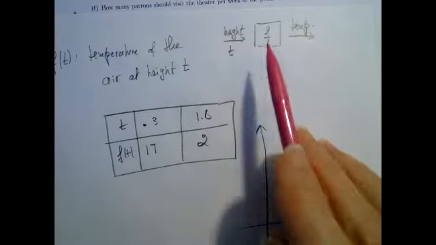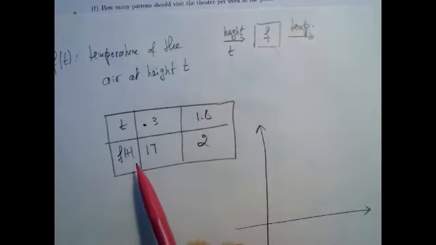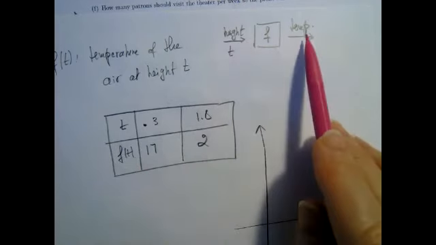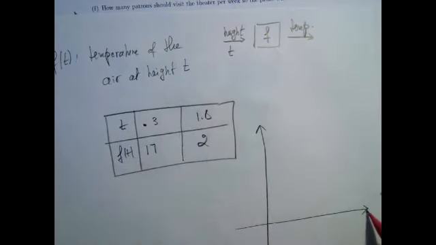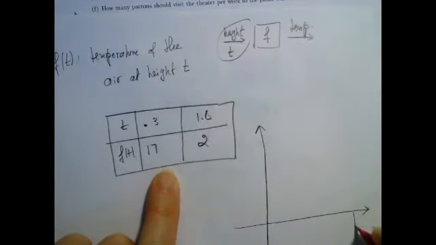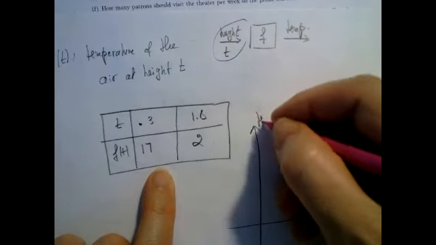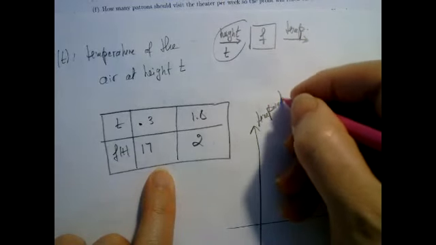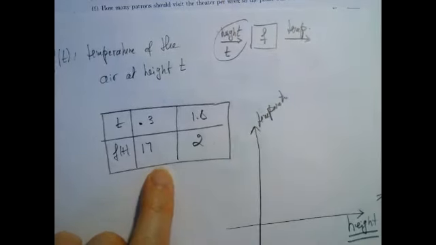First, the way we define the function is taking the height to temperature. What should go on the horizontal axis is your input, what you input to the function. So you input the height, so this should be the height. You output the temperature. This should be the temperature. That's how we graph it.